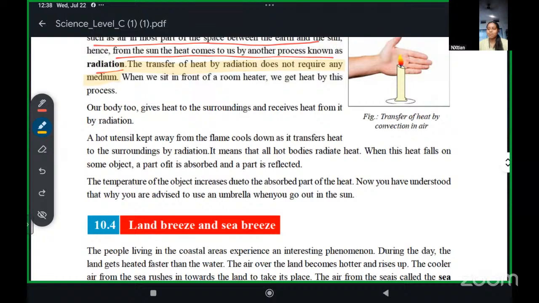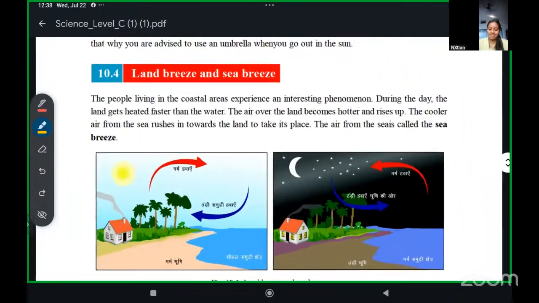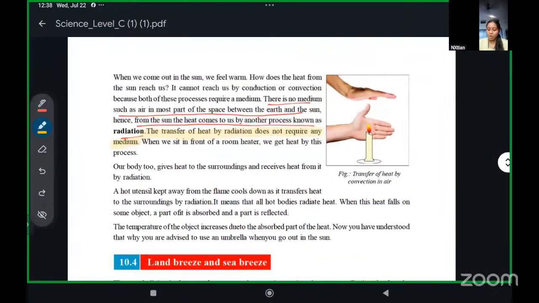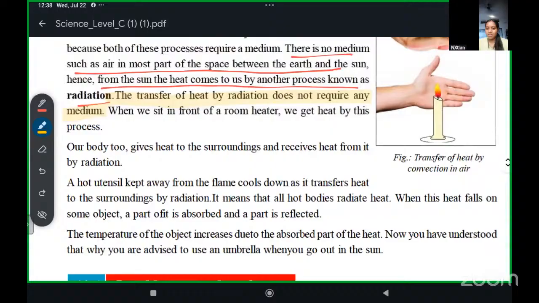We may look like a fool, but that's okay. Whatever serves us best. Hope you understood. Transfer of heat from our body into the environment, hope you understood that.